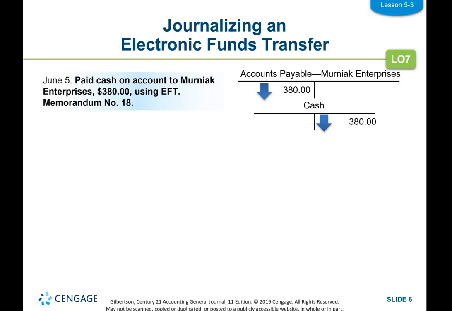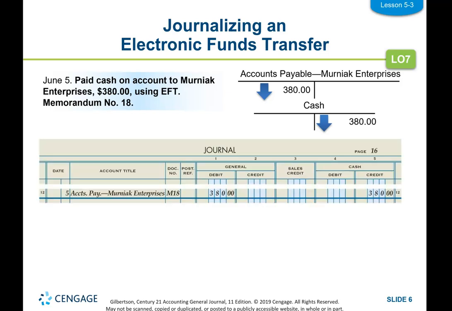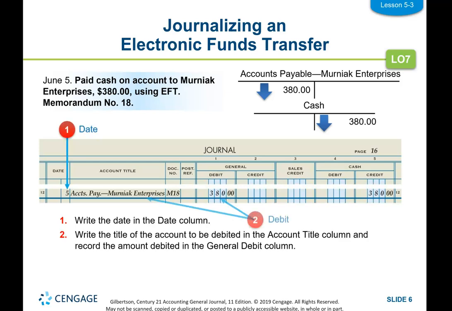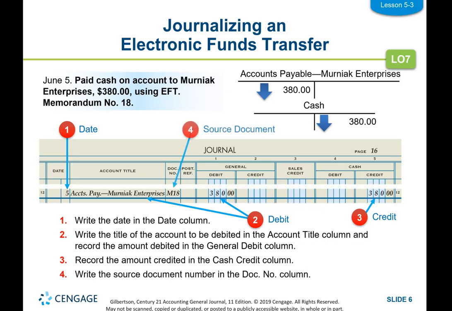Cash goes down $380. So we record this in our journal, the date, title and debit, and then the credit. And then, of course, we need a source doc.